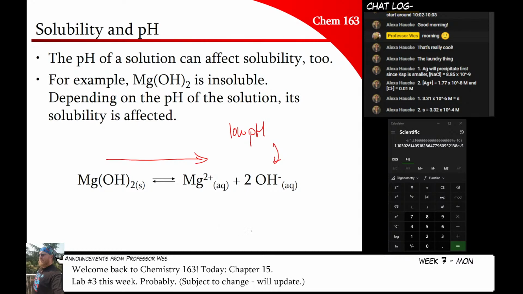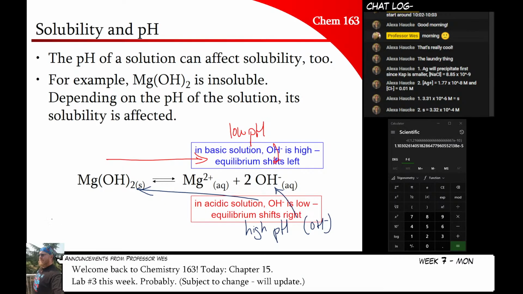But at high pH, which means there's lots of hydroxide, this gets salted out and the reaction goes backwards. So pH can control the direction of solubility and increase either the solubility or decrease it. So that's kind of cool that we can do that.